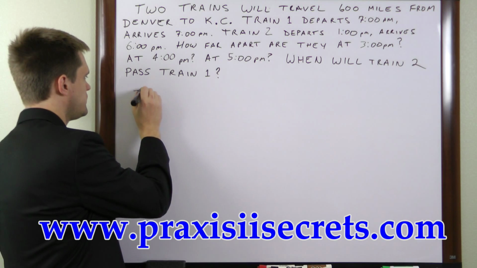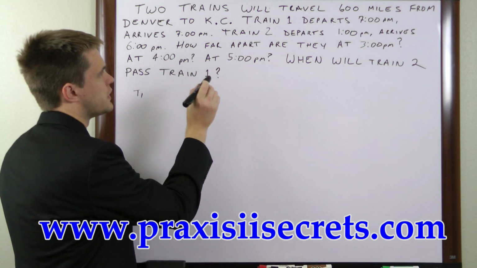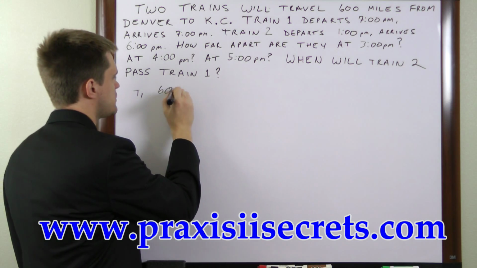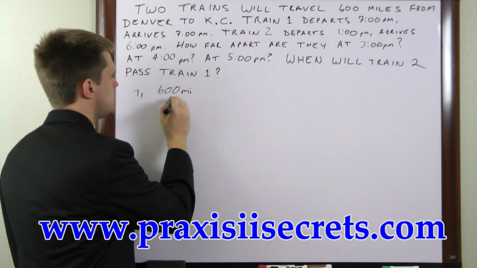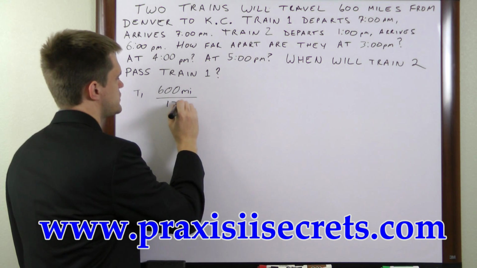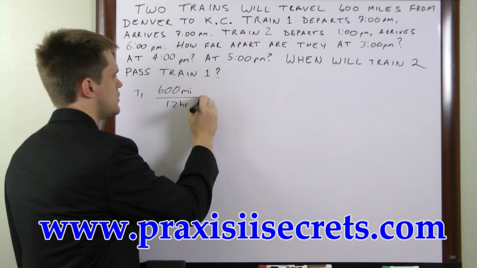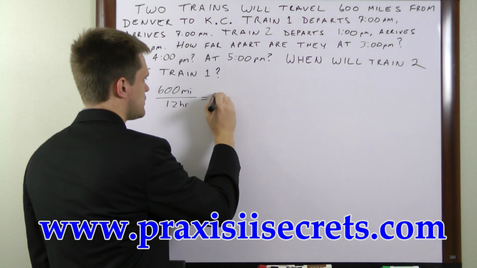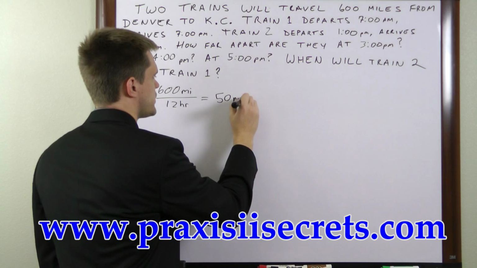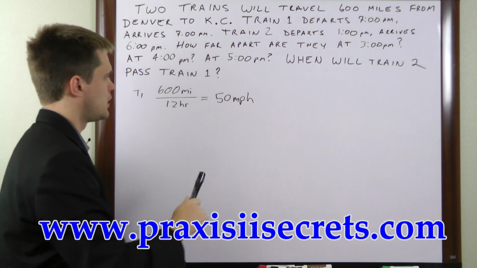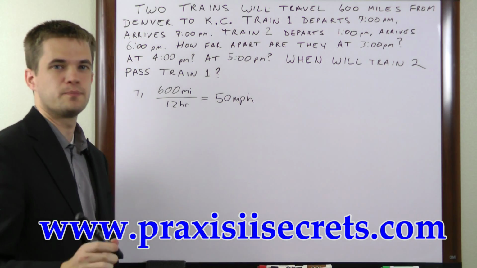So for train 1, we know that it travels 600 miles in 12 hours, or it travels at 50 miles per hour. So that is train 1's speed.